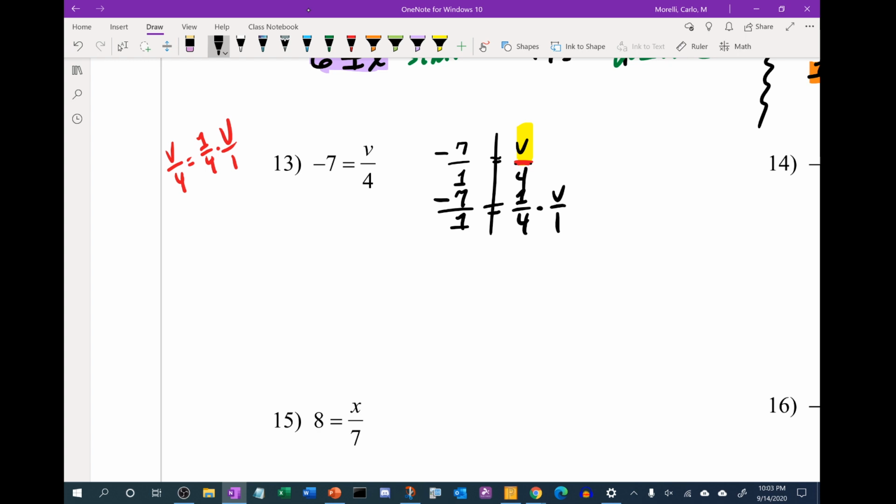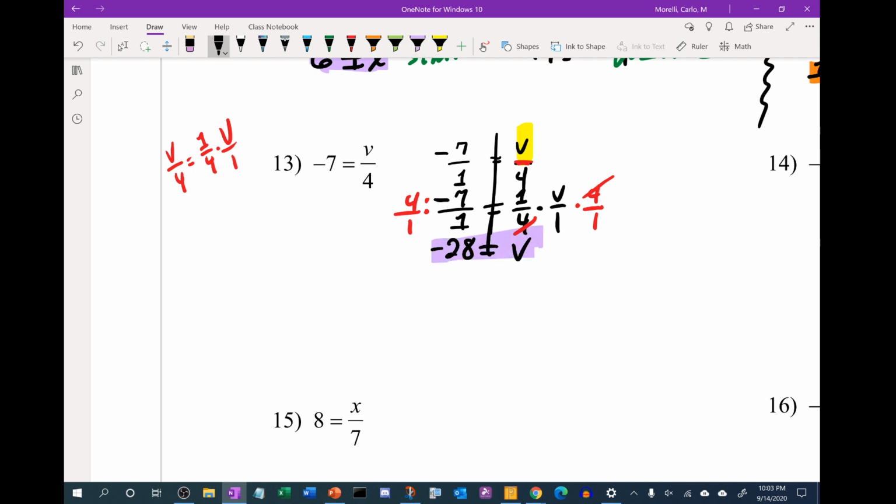I want to multiply both sides by 4 over 1. Okay. And these cancel. Over here, I've got 4 times negative 7. 4 times negative 7 is negative 28 equals v. So I think v is negative 28.